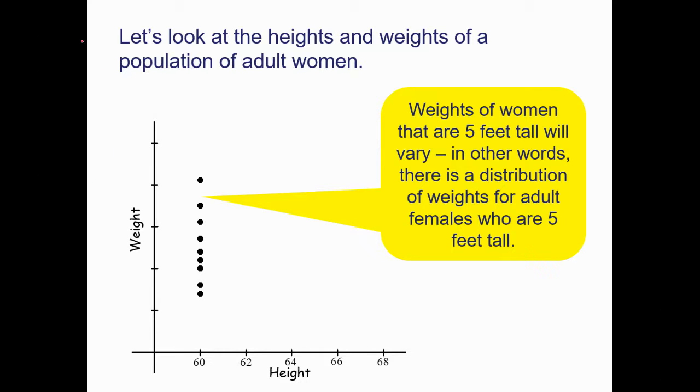Okay, so they give this range of weights for the height. The weights of women that are 5 feet tall will vary. So in other words, there's a distribution of weights for adult females who are 5 feet.